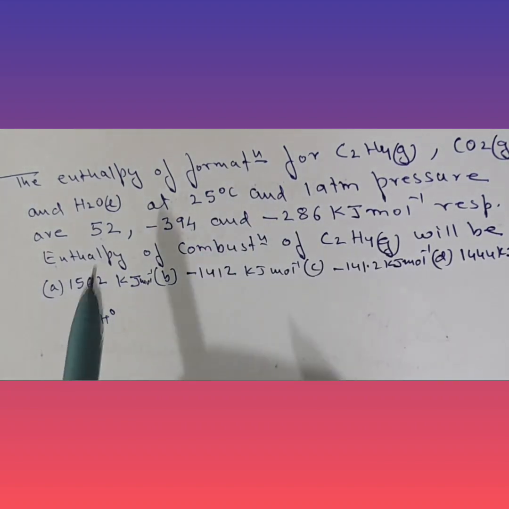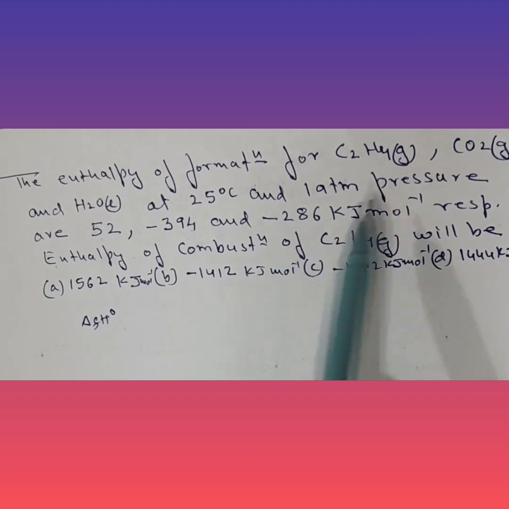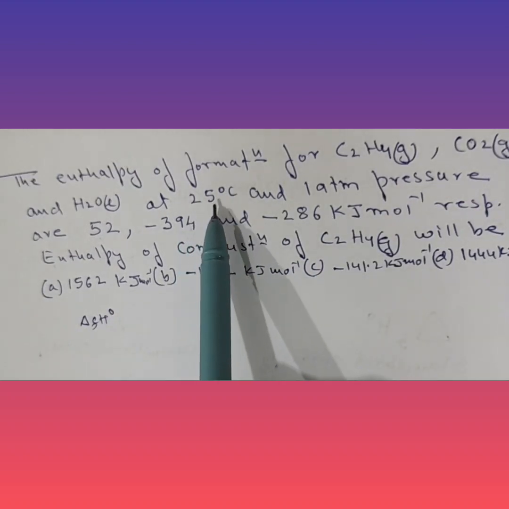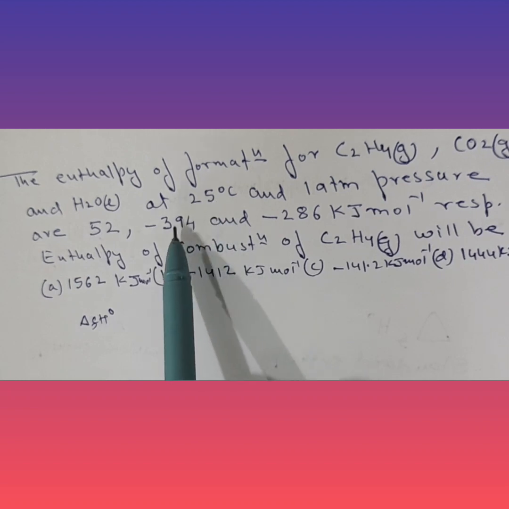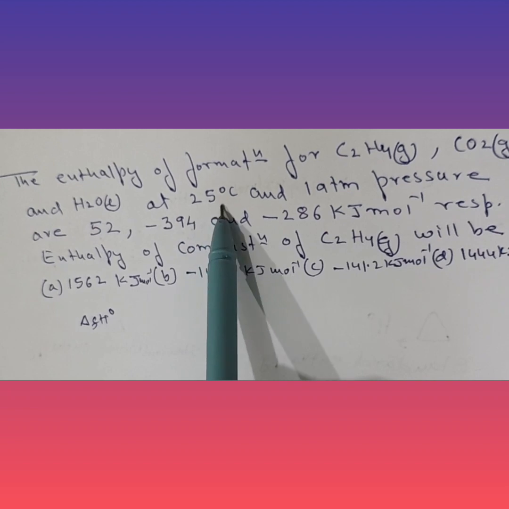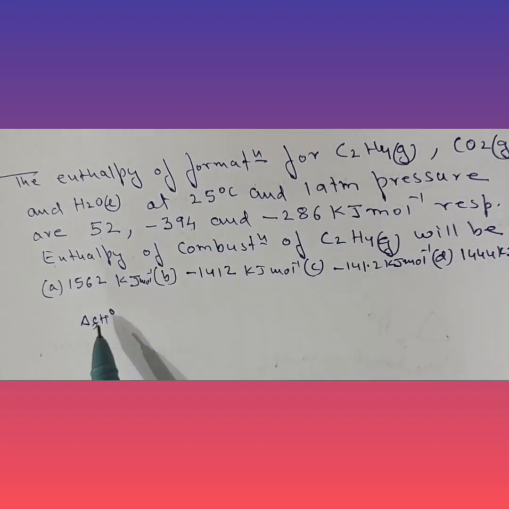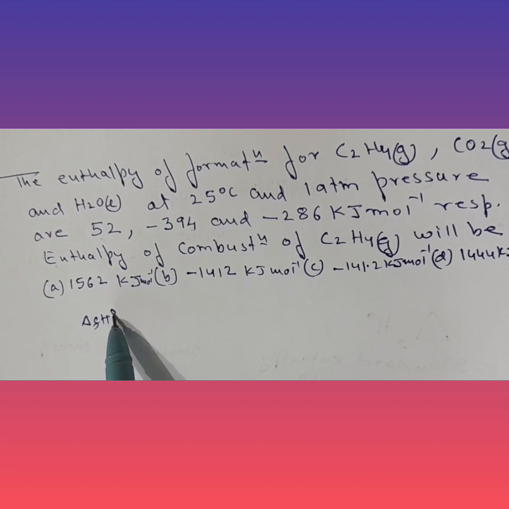And then again, 25 degrees Celsius and 1 atmosphere, that itself is the standard condition. 25 degrees Celsius, you add 273 to that, so it forms 298.15 Kelvin and 1 atmosphere pressure. That's what is standard condition, and that's the reason why this is there. Alright, so these are the values which are given.